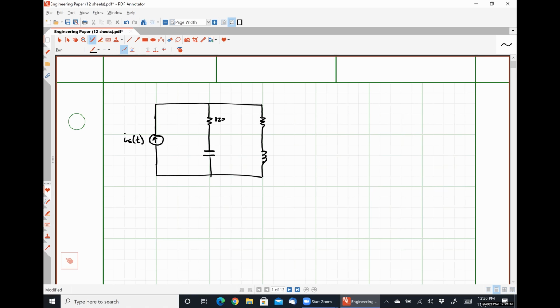We have a 120 ohm resistor here, a 40 ohm resistor here, a 60 millihenry inductor, and a 12.5 microfarad capacitor. I'm going to draw that on the other side actually.